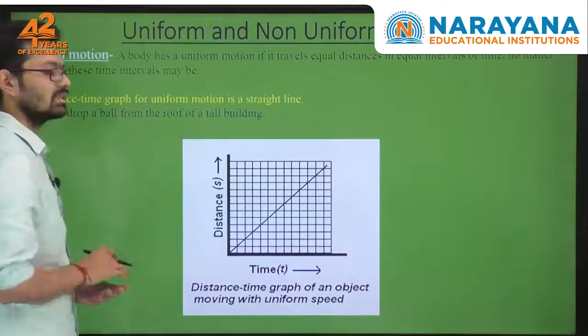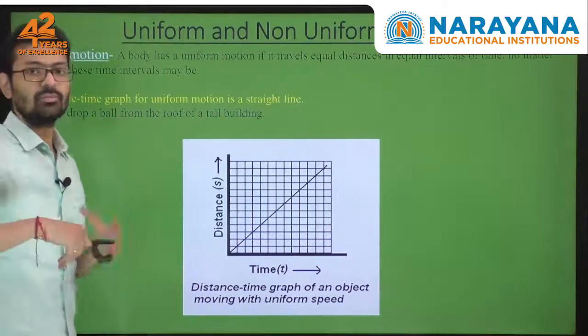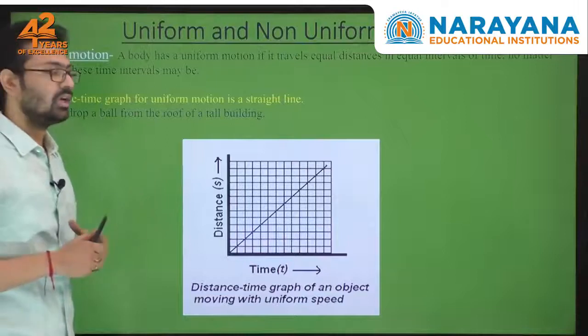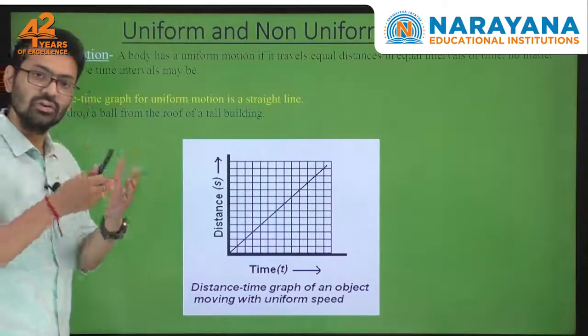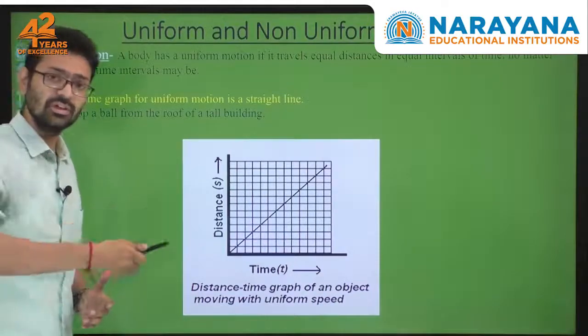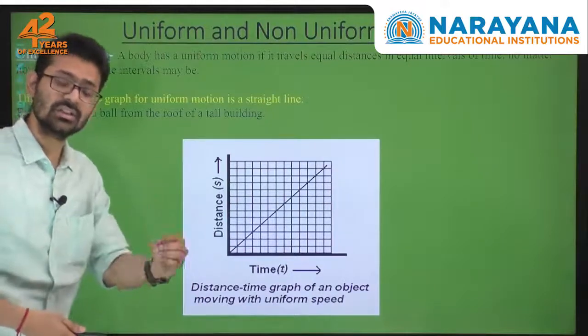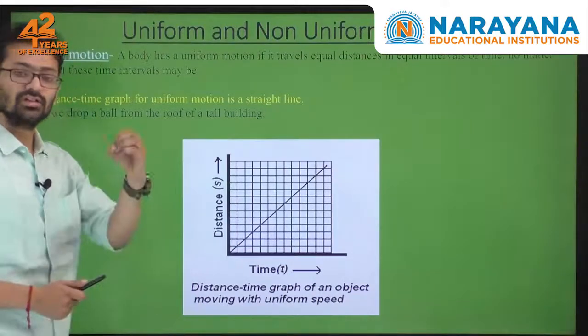You can take a freely falling body from the top of a building as an example of uniform motion. For each time interval, it covers an equal amount of distance.